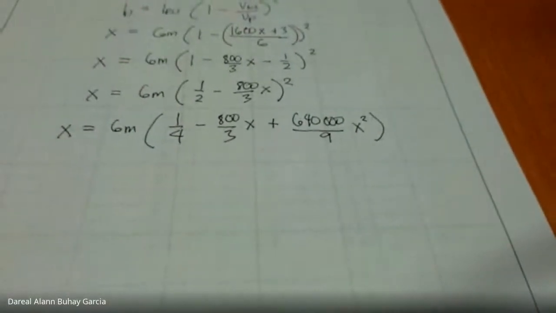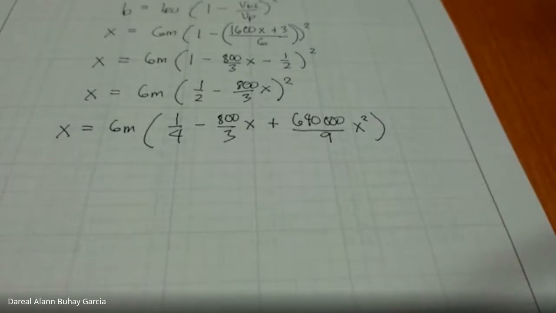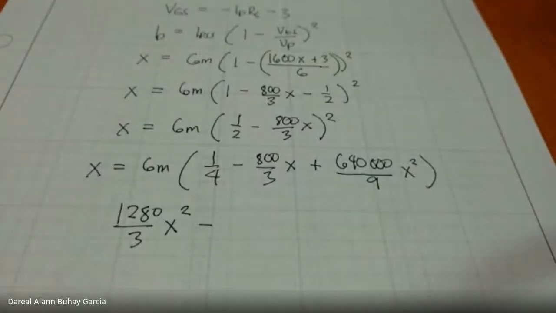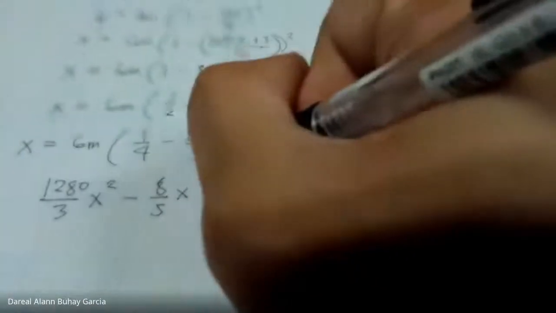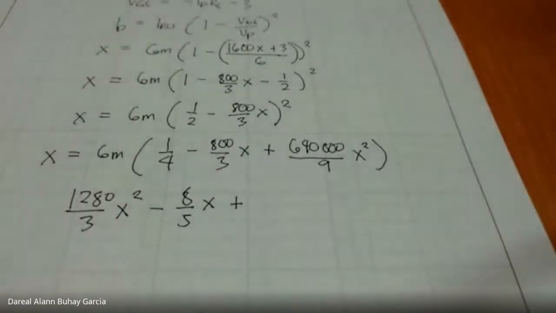Distributing 6 milli. One to 80 over 3. 800 over 3 times 6 milli, 8 over 5. 6 milli times 1/4, 3 over 2,000.